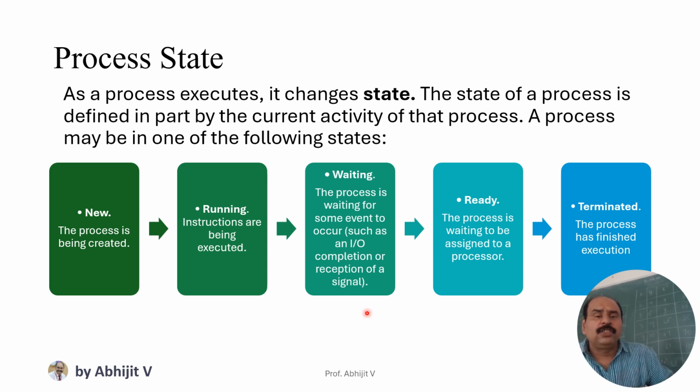Another state is ready, where the process is waiting to be assigned, and then we close the process. So whenever you run a program, whenever you double click a program, a new process is created first.